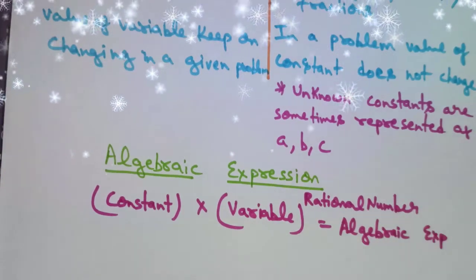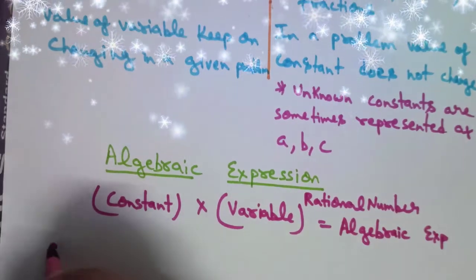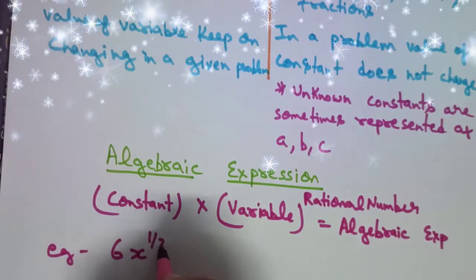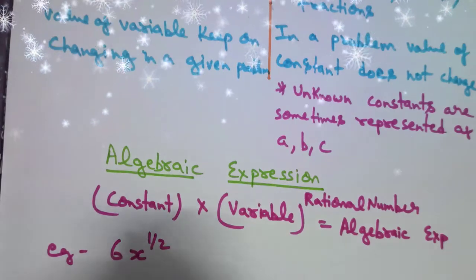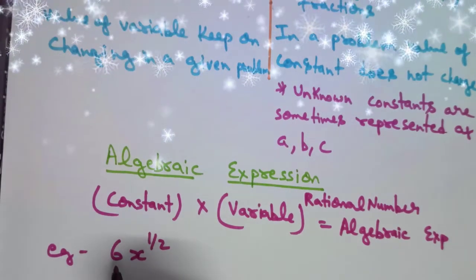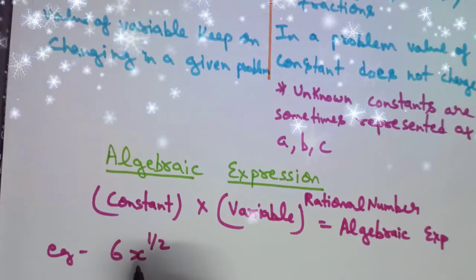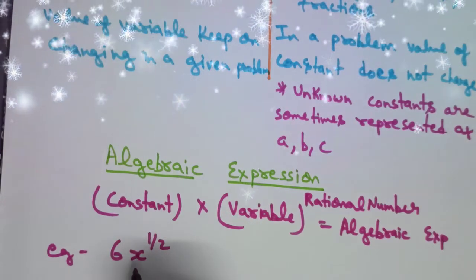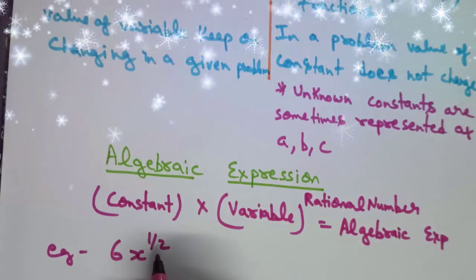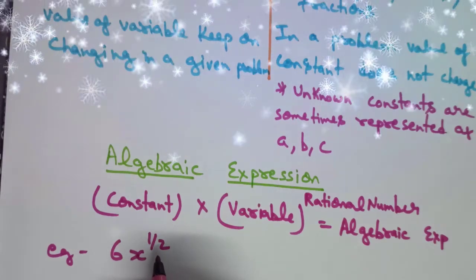I will give you a few examples. Here, 6x raised to the power 1 by 2. Here the constant is 6. It is an integer multiplied by a variable. Here the variable is x, raised to the power 1 upon 2. 1 upon 2 is a rational number.